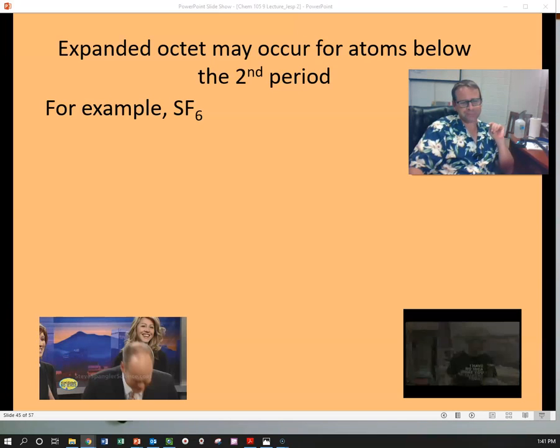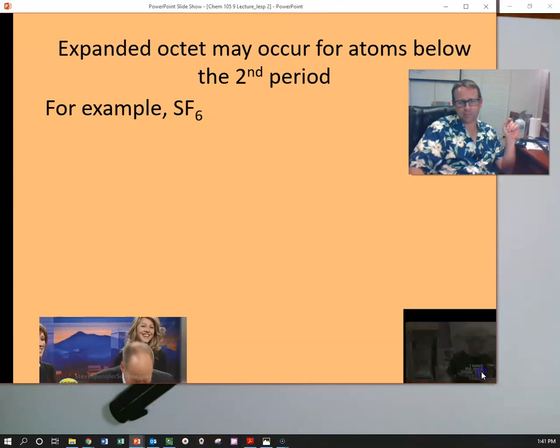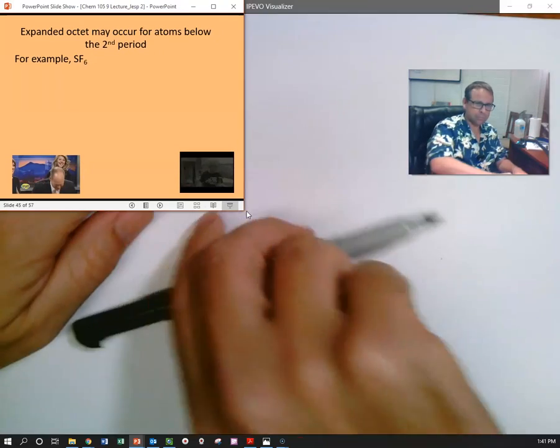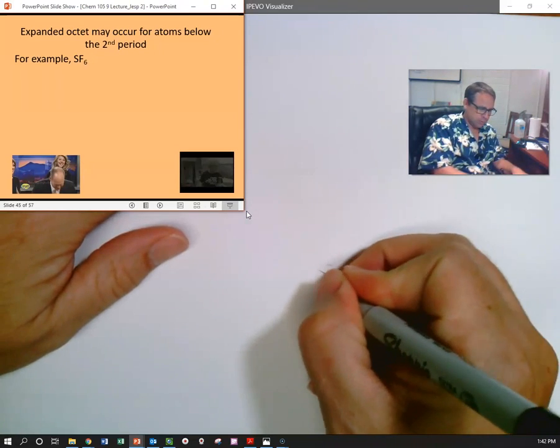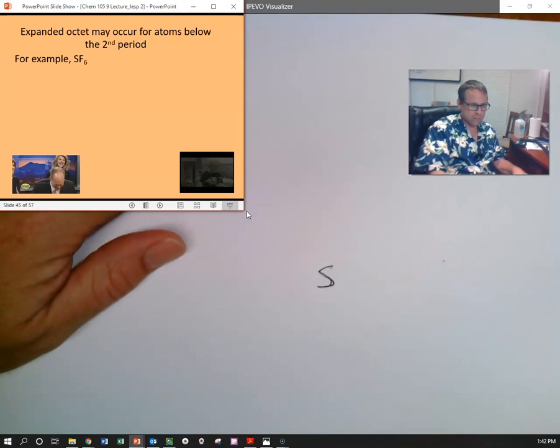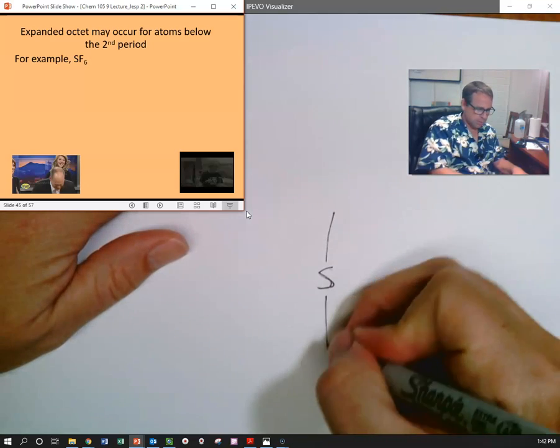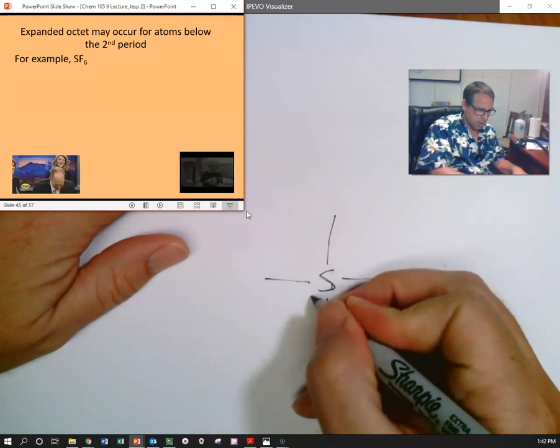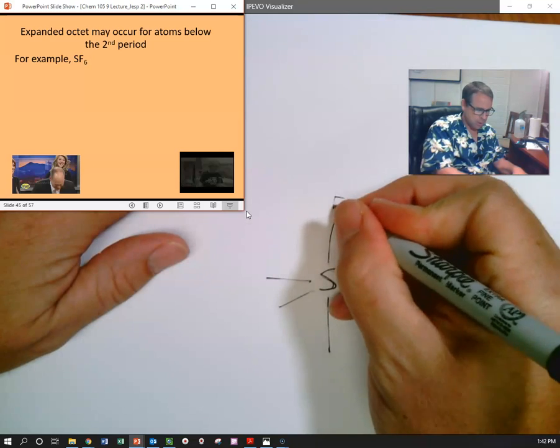So let me show you something here. Sulfur, 6 regions of electron density. We can think of those as kind of on X, Y, and Z planes, right?